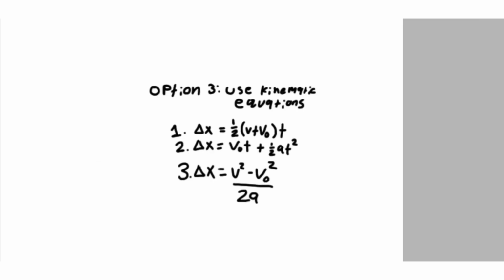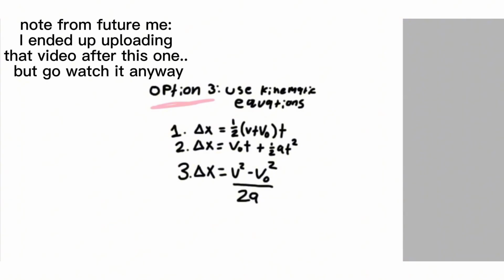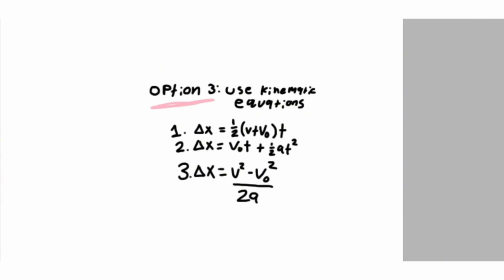Alright, so the third option you have is to use kinematic equations, and if you don't know what I'm talking about, go watch my video on the big 5 kinematic equations where I explained all of these and how to use them. But these are 3 equations that will give you displacement if you need to find it. So this first one here is going to be displacement is equal to 1/2 times final velocity plus initial velocity times time.